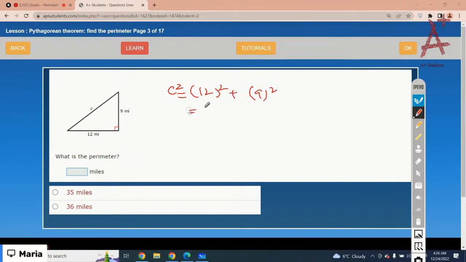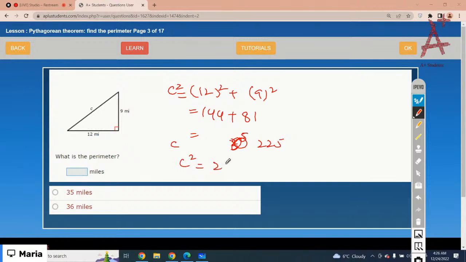Got it? 12 square is 144, plus 9 square is 81. Let me add 144 plus 81. It is 225. Got it? So just square root both sides.